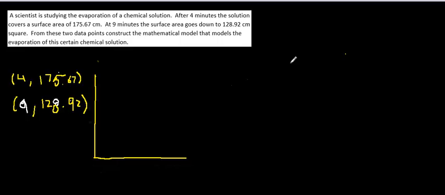So the first thing we want to do is probably graph this information. What I do first is I take the first point and call this 4, and this would be our point here.